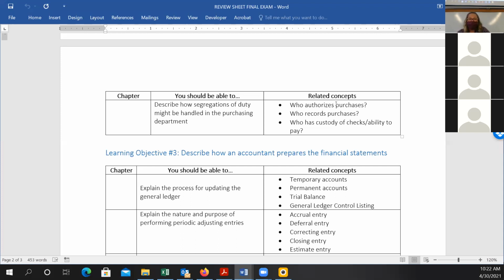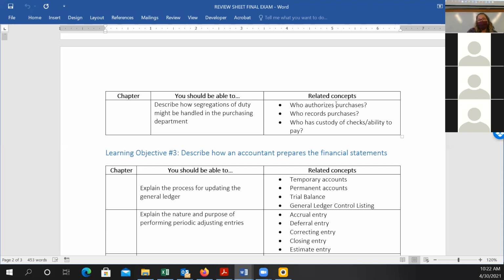And then who has custody of the checks and or ability to pay? In our understanding aid, it was limited to one person. It was limited to, I think it was Ray who ultimately signed the checks.